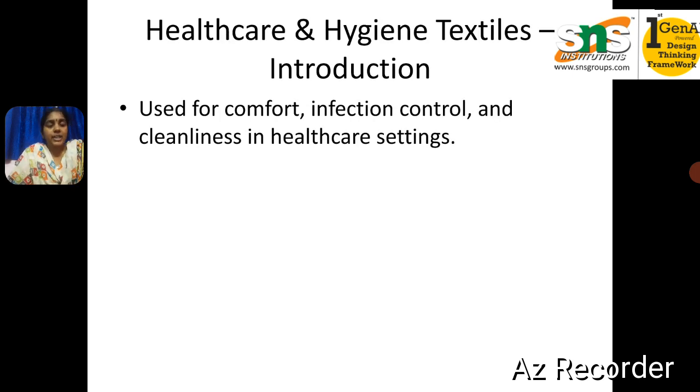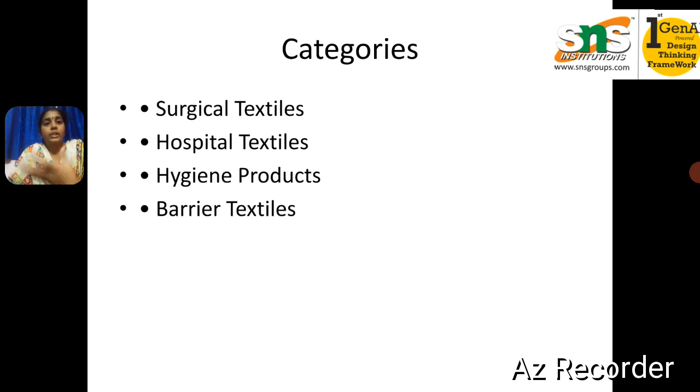Healthcare and hygiene textiles are used for comfort, infection control and cleanliness in healthcare settings. So mainly we concentrate on comfort and infection control. Those two are the main idea of healthcare and hygiene textiles. What are the categories in healthcare? First one is surgical textiles, hospital textiles, hygiene products, barrier textiles.